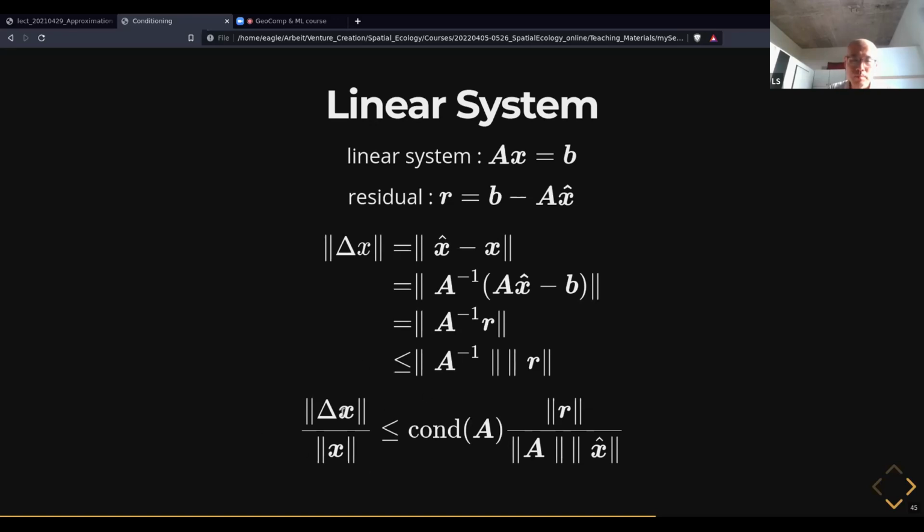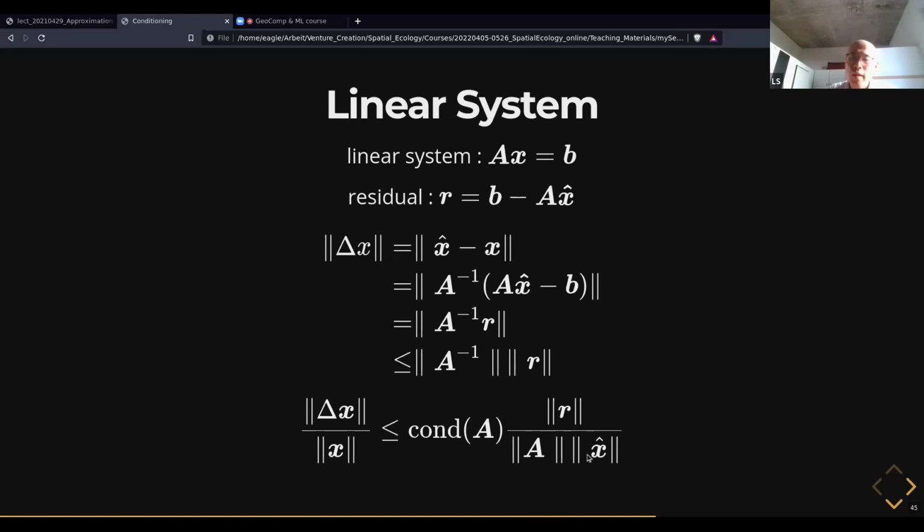In the linear system, the delta x is actually our interest. It's the solution of your linear system, which is also the coefficients of the linear equations you resolve. You see this error is bounded by the right-hand side, which is a multiplication of the condition number times the residual divided by the matrix norm and vector norm.